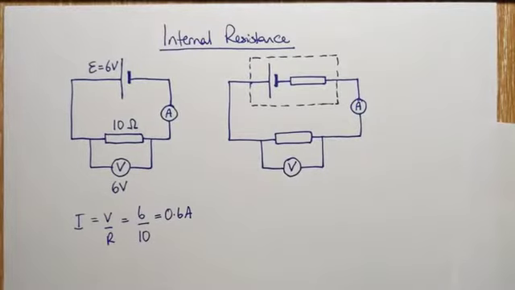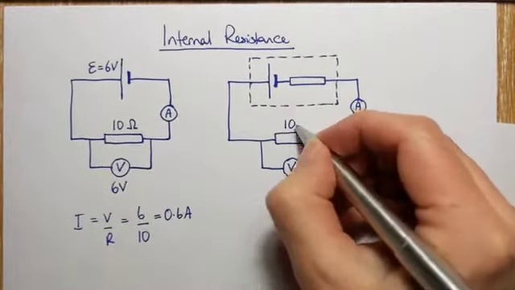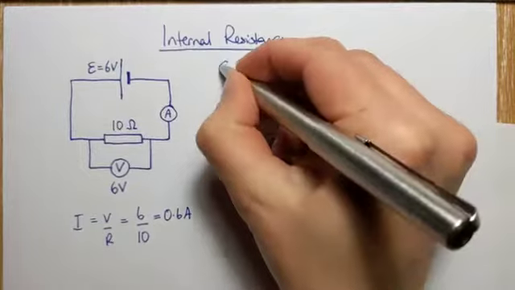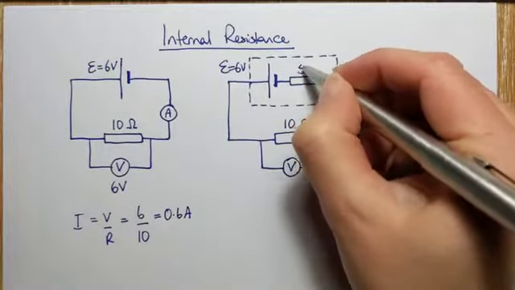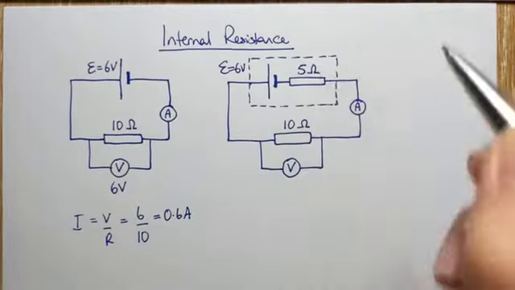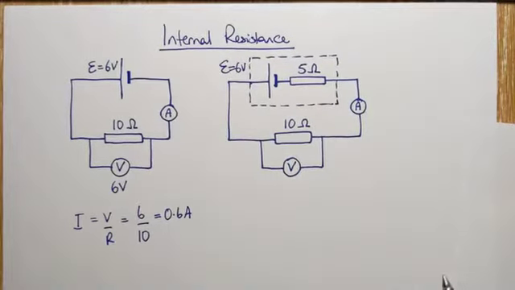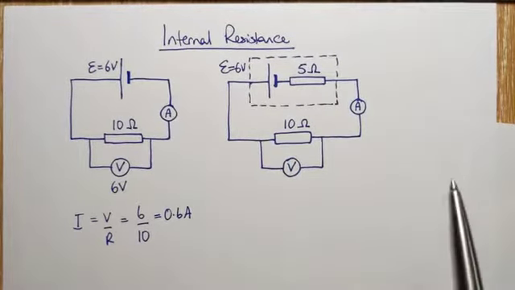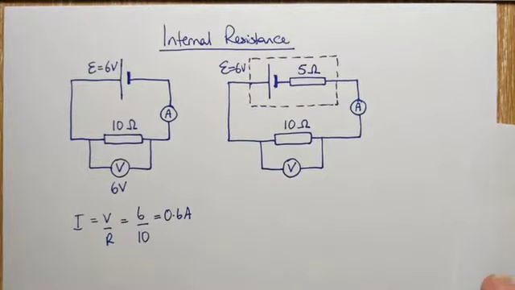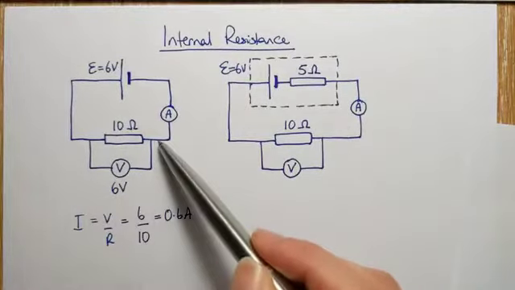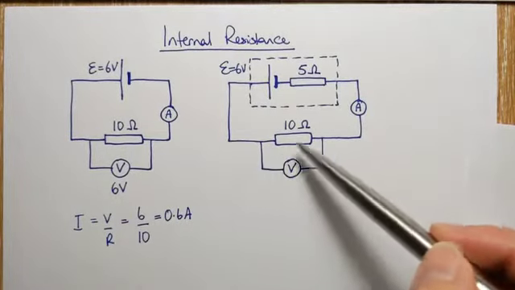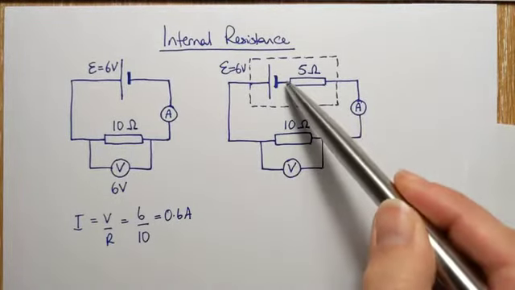Okay, so what difference does it make? Well, let's stick with 10 ohms here and an EMF of 6 volts. And a typical internal resistance for a cell would be 5 ohms. So what difference does it make? Well, first of all, instead of only 10 ohms of resistance in the circuit, we've now got 15 ohms.